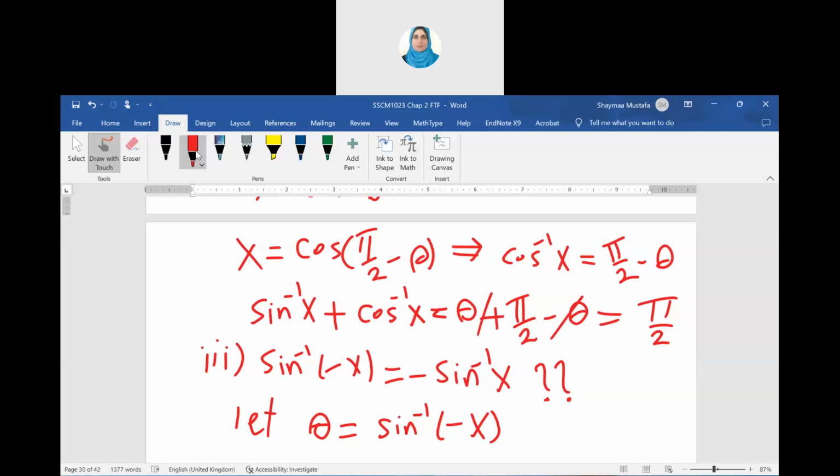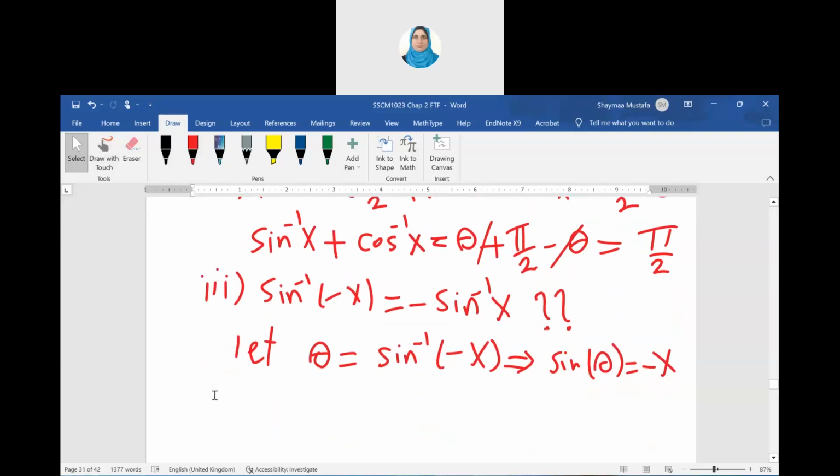Yes, Sophia, sine theta is equal to minus x. This means that sine theta is equal to minus x.